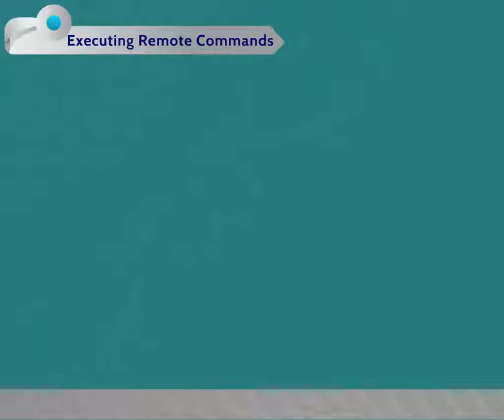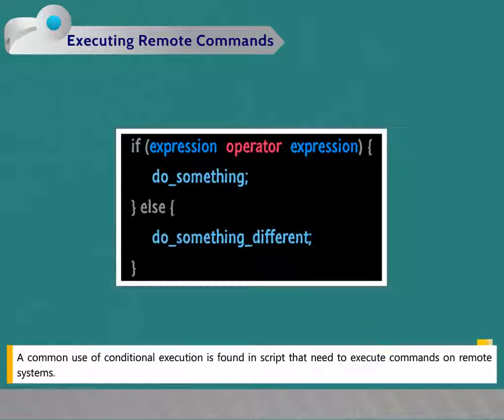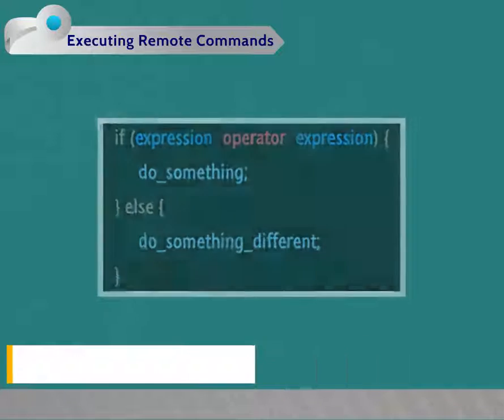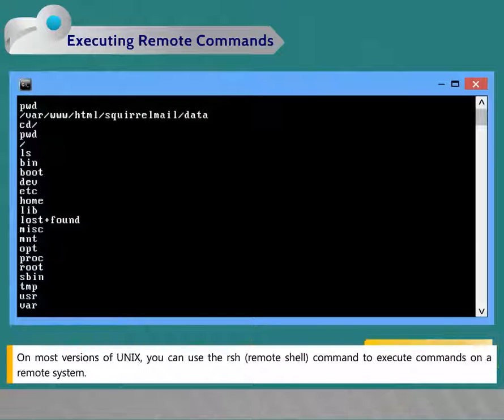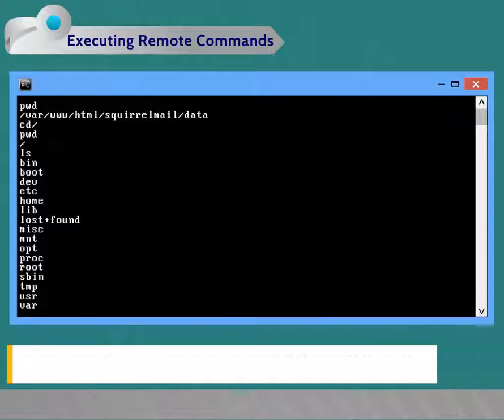Executing remote commands. A common use of conditional execution is found in scripts that need to execute commands on remote systems. On most versions of Unix, you can use the rsh, that is, remote shell command, to execute commands on a remote system.